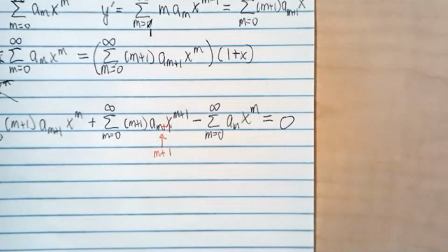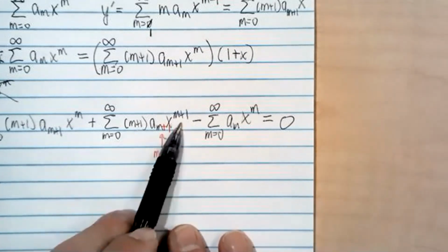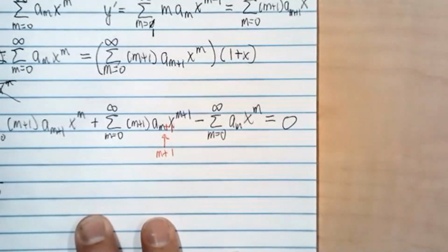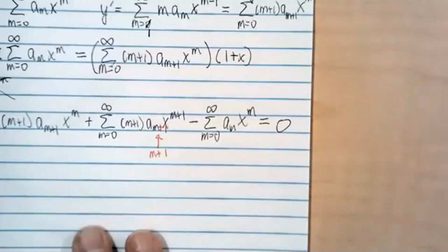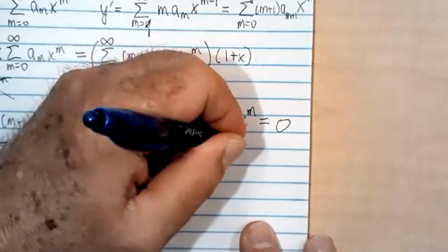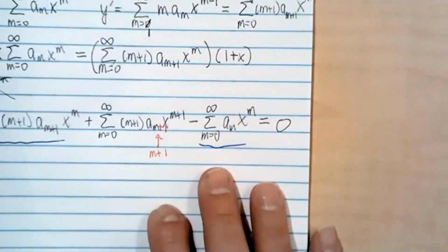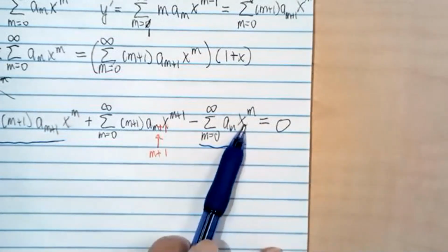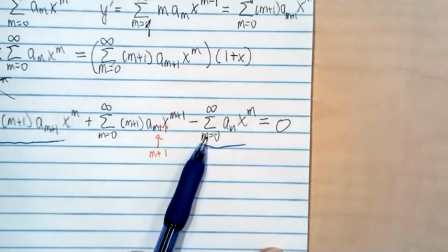Okay, now I would like to bring these m's down. So m goes from 0 to infinity. By the way, let me just mark this one and this one. Those are already on x to the m, and they both start at 0.